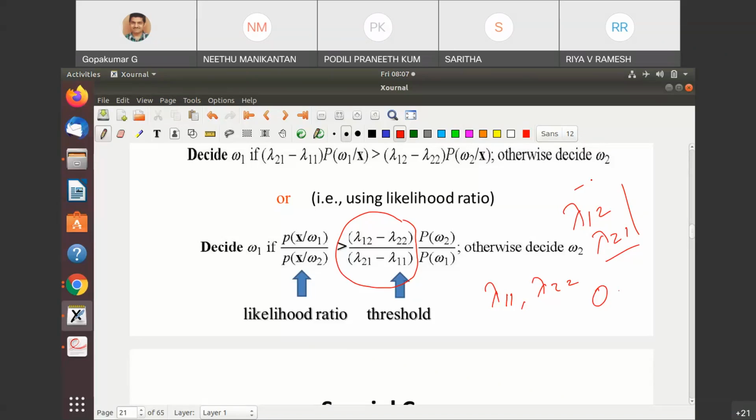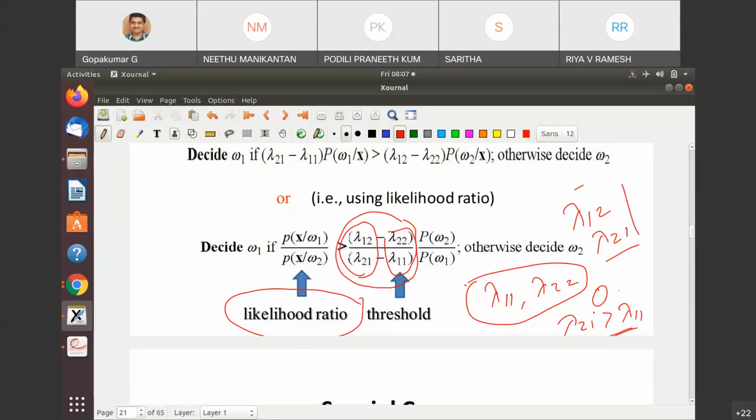Okay, and if you look into this particular equation, with respect to the likelihood ratio, we can say that lambda 1 1 and lambda 2 2 are going to be almost similar. So now lambda 1 2 and lambda 2 1 are going to be the deciding factors. We assume that usually lambda 2 1 will be greater than lambda 1 1, because in this particular case the loss is always going to be greater than for the correct predictions.